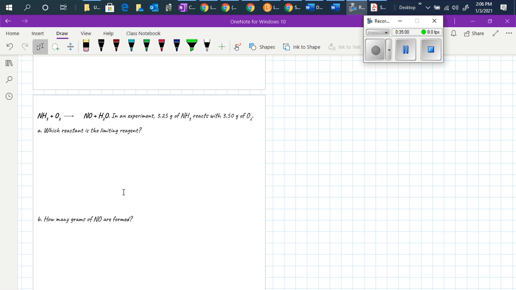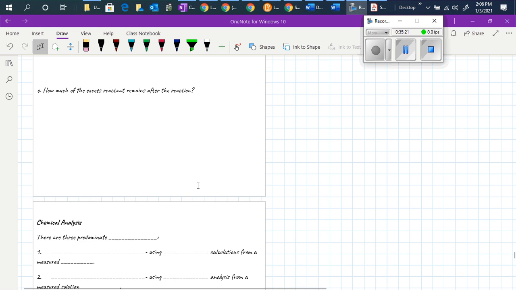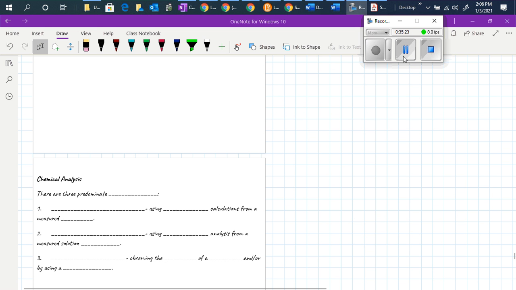Then you will be able to answer both A and B. And then you can see how much excess is remaining after the reaction. You can try this on your own.